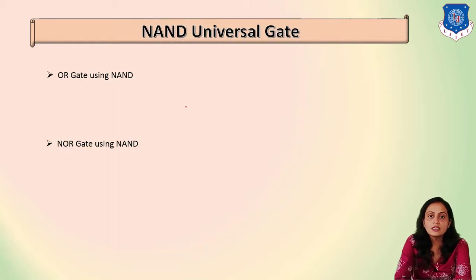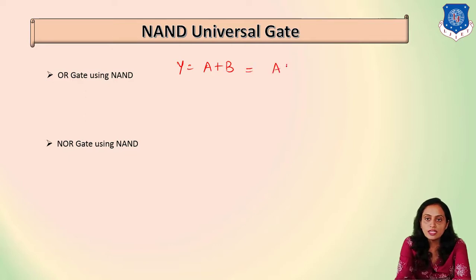Now we will see how to design the OR gate using the NAND gate. For that I will put the equation for the OR gate, that is Y equals A plus B, where A, B are the inputs and Y is the output. Now I have to rearrange this Boolean equation such that it provides me dot, that is product, and bar. So NAND operation is a product and inverse. That is why I will put inverse 2 times.